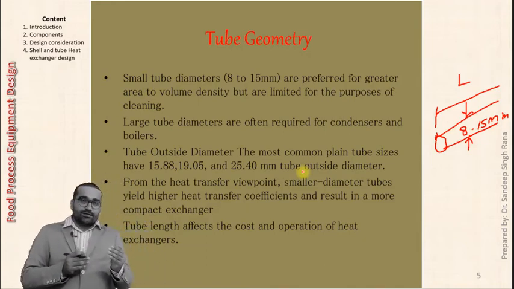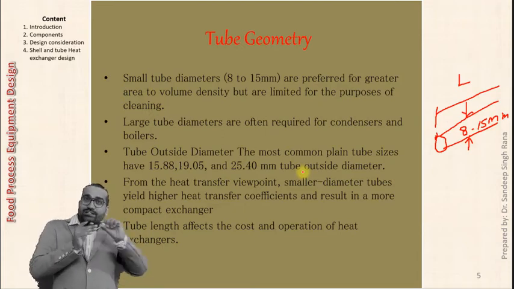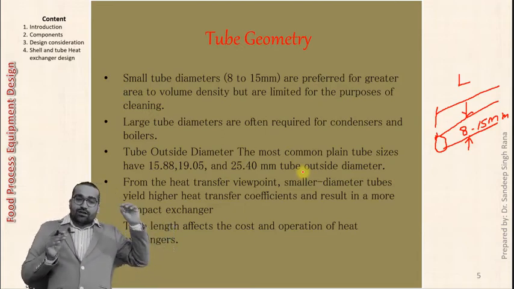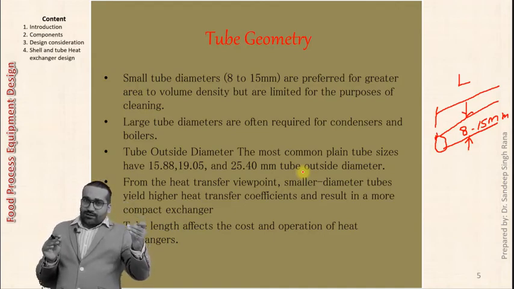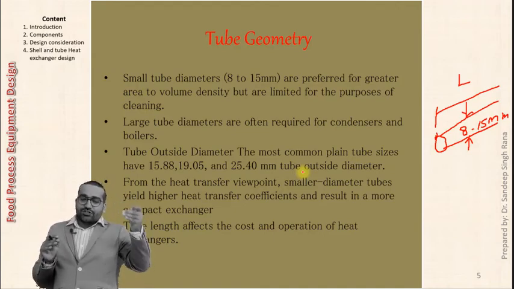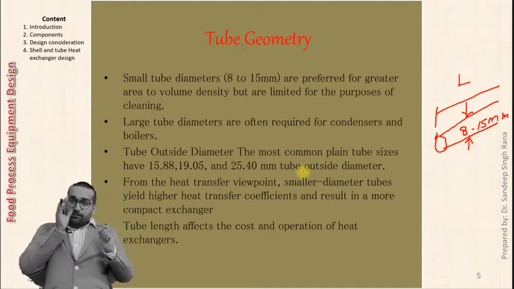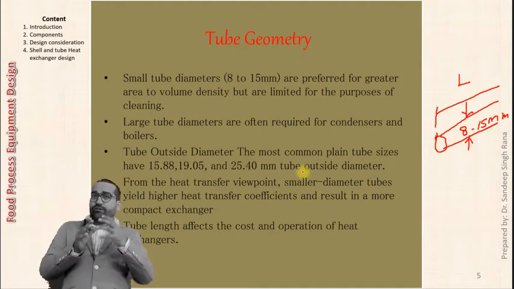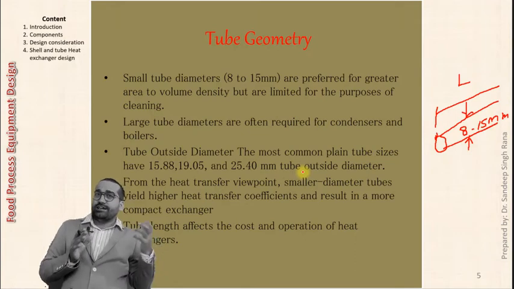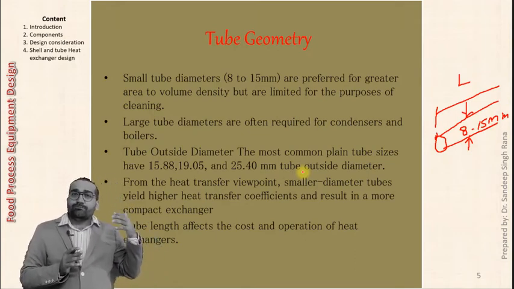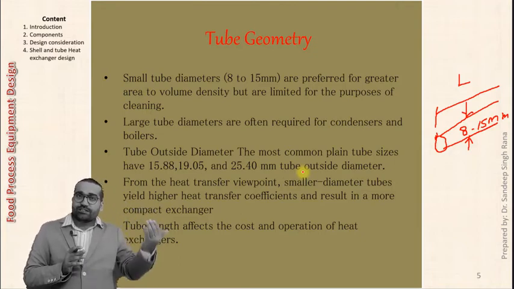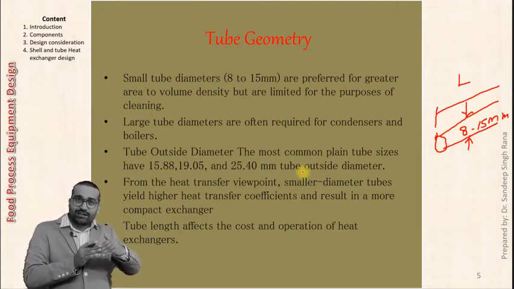But what will happen if we increase the length of the tube? It will raise the shell pressure drop. Pressure will reduce inside the heat exchanger. We have talked about allowable pressure drop in the previous slide, so from here we can relate.